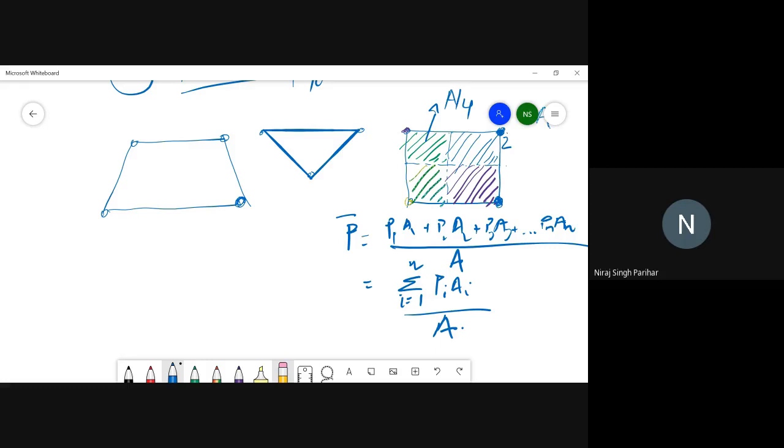Then here the weightage of P2 into A2 will also be large. You getting the point? So इस मेथड का यही एडवांटेज है कि जिस स्टेशन के पास जितना ज्यादा एरिया होगा, the same amount of weightage will also go to that particular precipitation value, and it will affect your P bar in the same way.